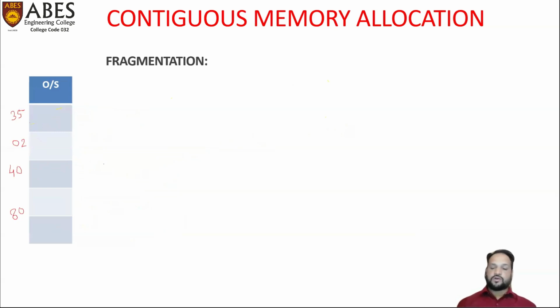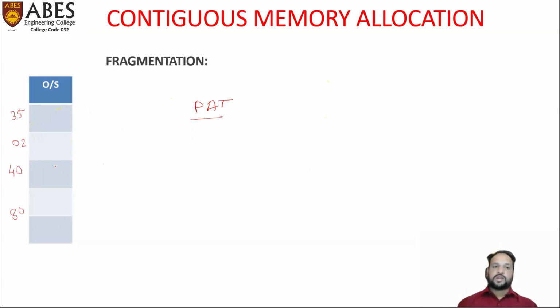It can be cured by compaction, paging, segmentation, and segmented paging. The allocation is maintained in a table, and that table is called the partition allocation table.